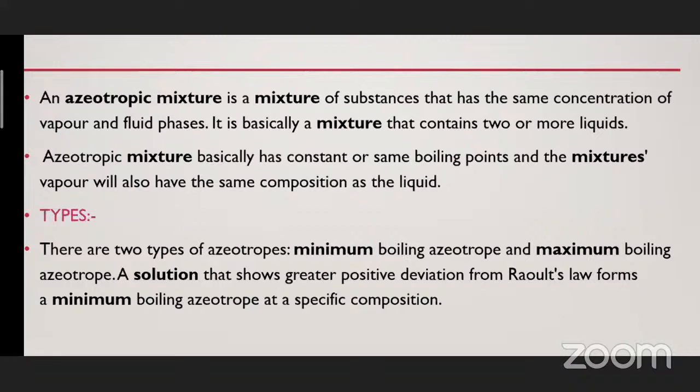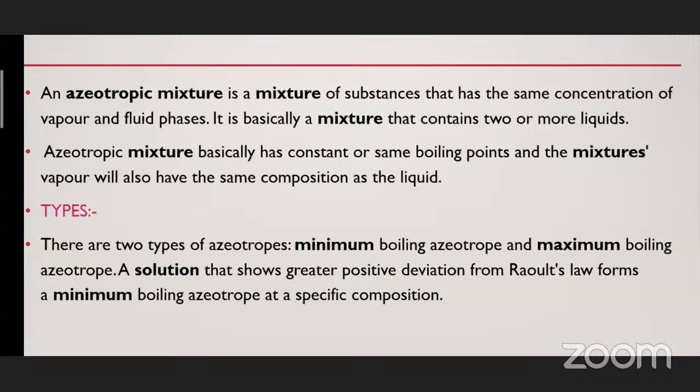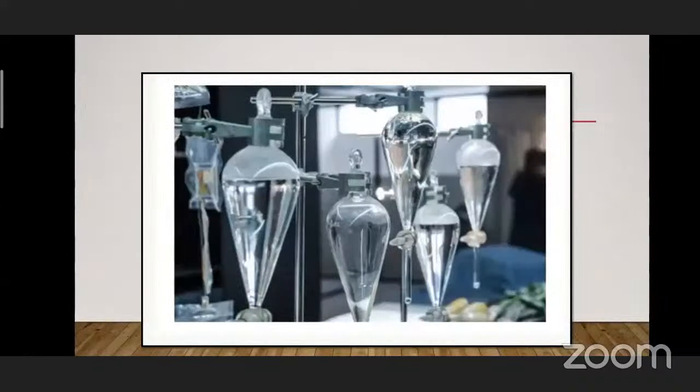An example of a maximum boiling azeotrope is nitric acid and water. This is the diagram which shows the fractional distillation tanks, and this is pertaining to the azeotropic mixtures.